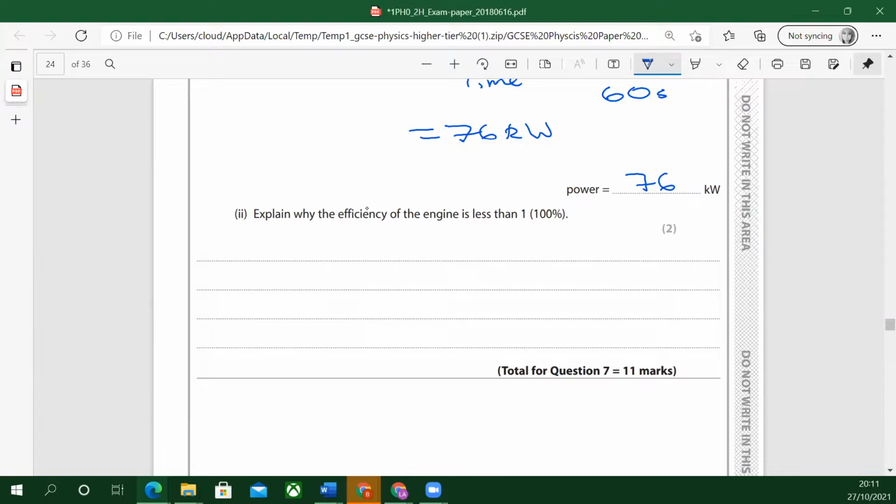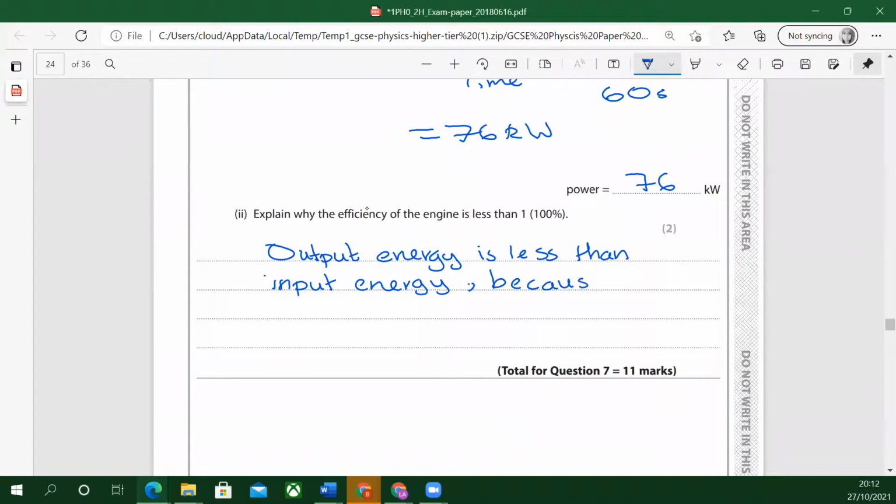So it's always going to be the case that output energy is less than input energy, because some input energy is transferred to non-useful forms.